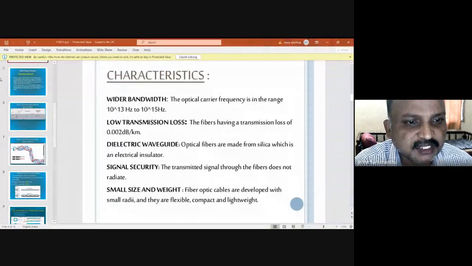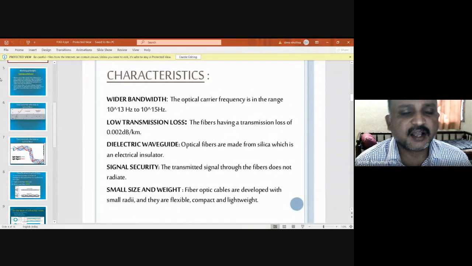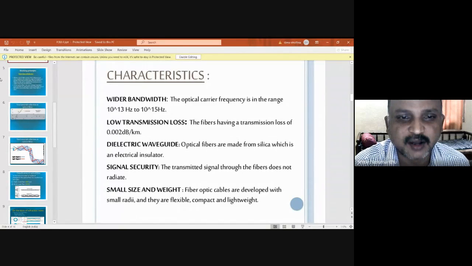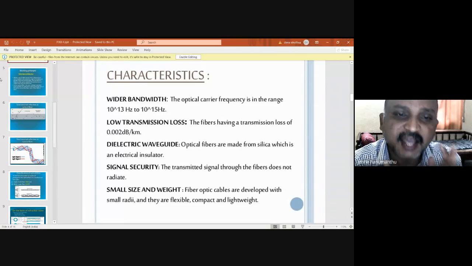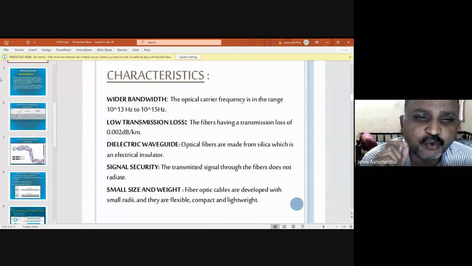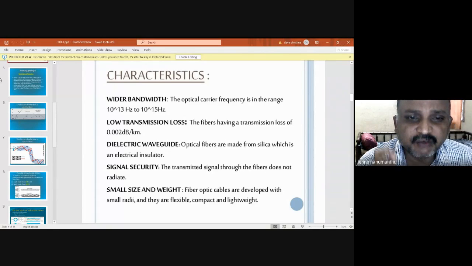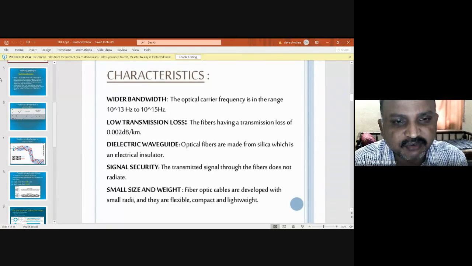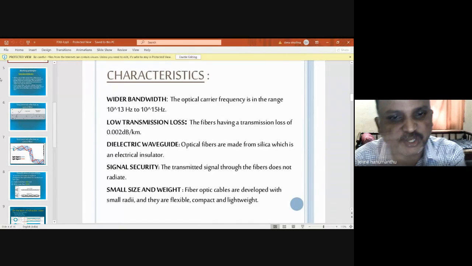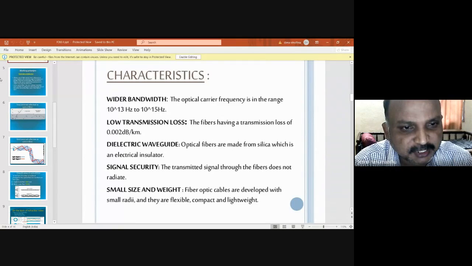And one more is dielectric waveguide. See, the fiber is made with silica, plastic or glass. Because of these material compositions, it acts as a good waveguide. Why is it called a good waveguide? Imagine once again how you imagine a communication link: a transmitter and a receiver, in between a medium like fiber.